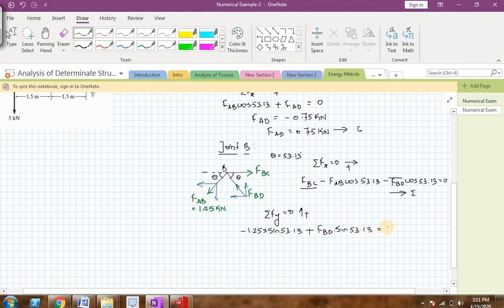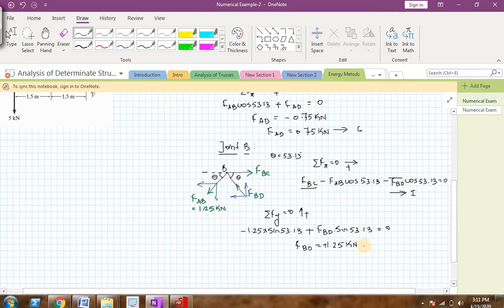No other force is there, I can equate it to 0. So I can solve this, I can get the value of FBD as 1.25 kilonewtons, and I'm getting a positive value.